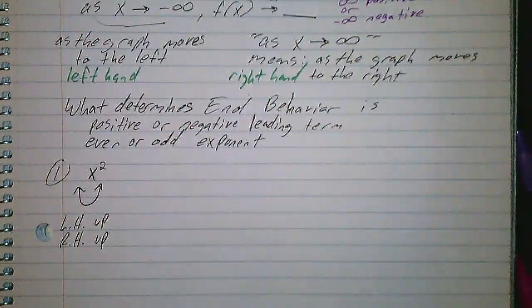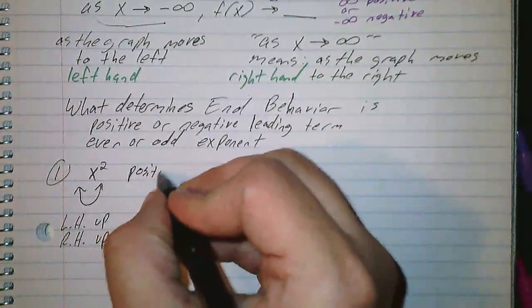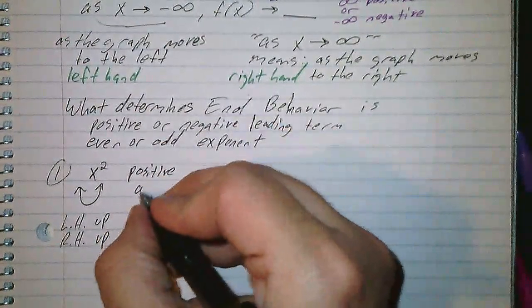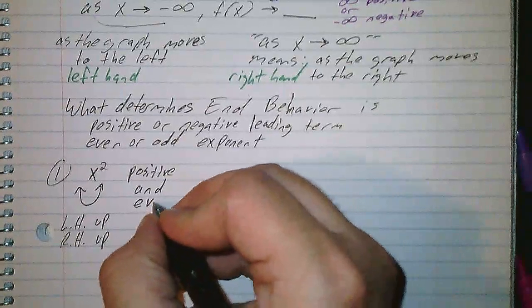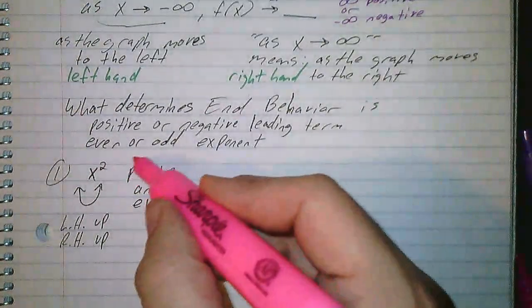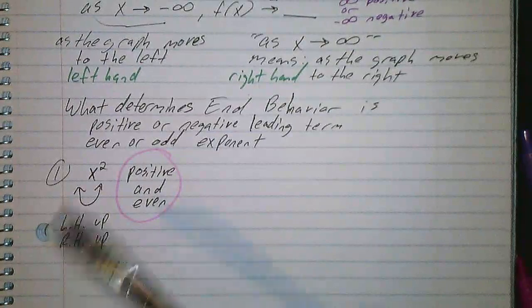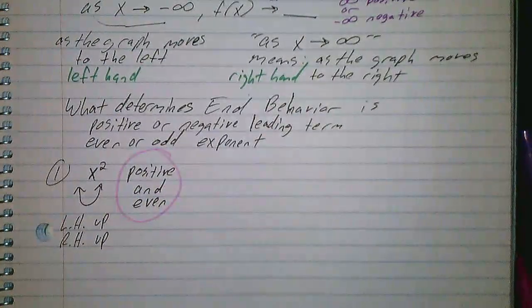And for x squared, we can see that we are positive and even. Again, this is what determines end behavior. And I always think about x squared as what we kind of envision here.